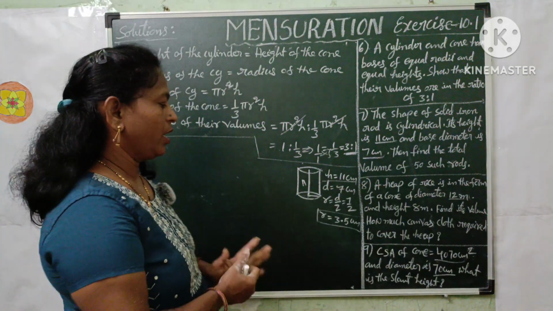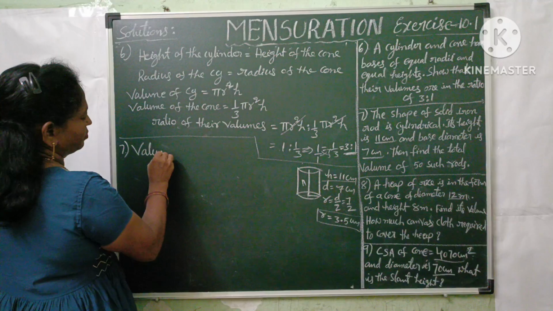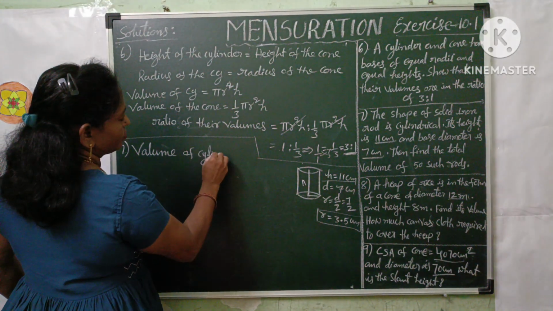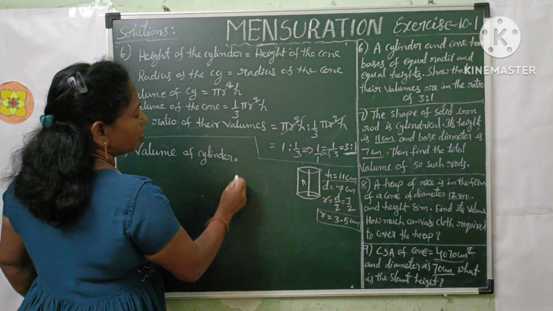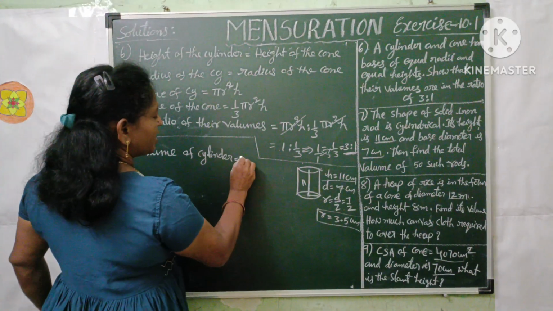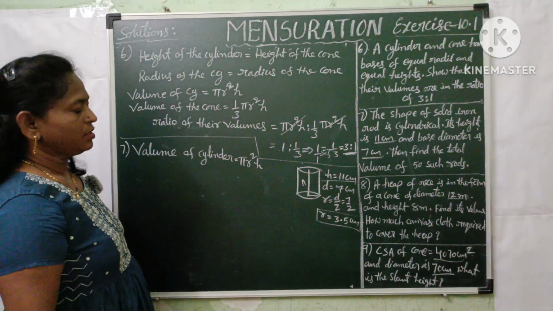Right. Next, volume of cylinder: base area into height, no? Base area pi r square h.